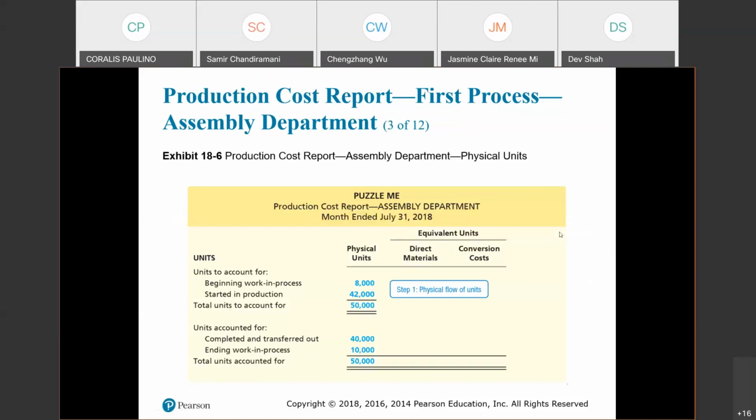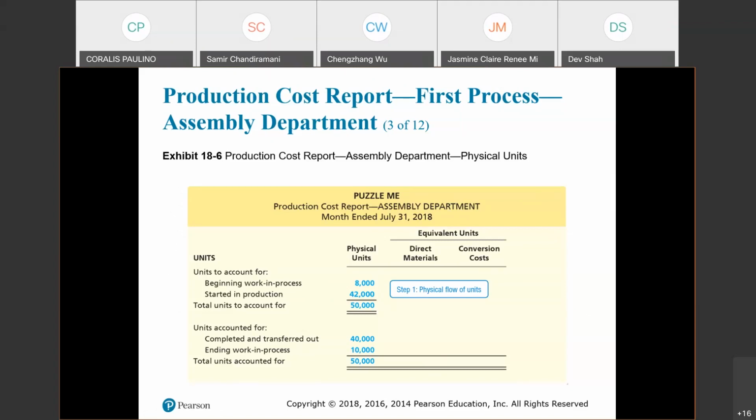So in the second step, we divide the added cost into two parts to account for direct materials, which were added at the beginning of the period, and conversion costs, which were added evenly throughout the process.